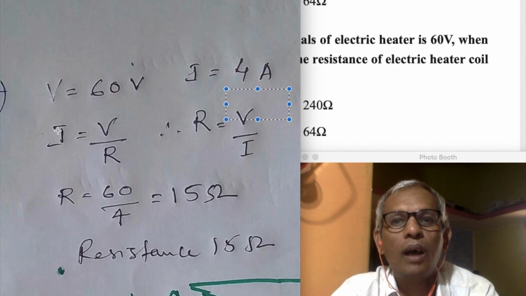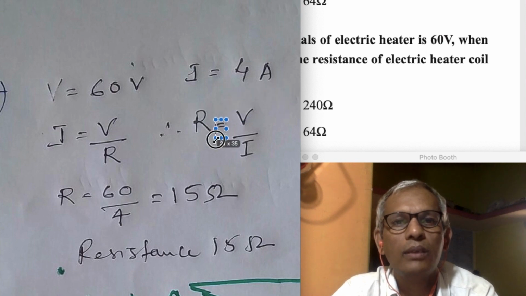According to Ohm's law, I is proportional to the applied voltage, and taking the constant as 1, I is equal to V by R, voltage applied over resistance. Therefore R is equal to V by I. So R is equal to V by I.